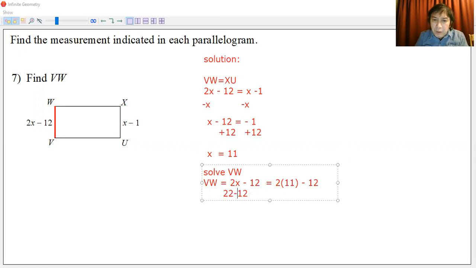And this will be 10. Okay, so this will be just 10. So VW is equal to, let's put it in another line, VW is equal to 10 units. There. And this is our answer.